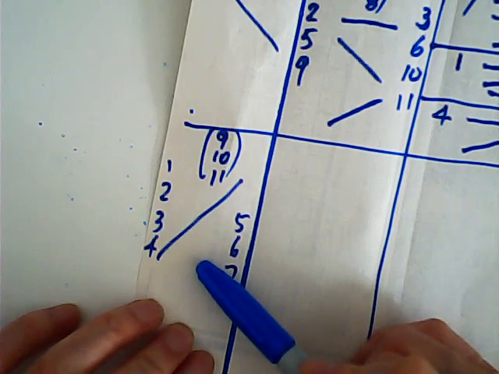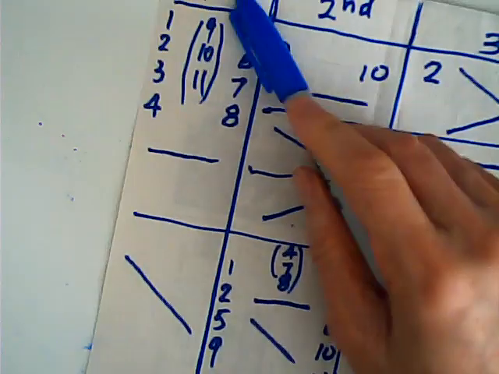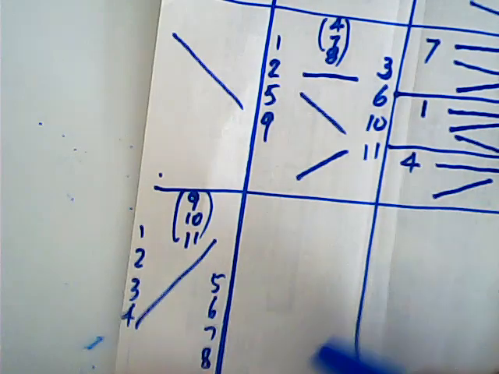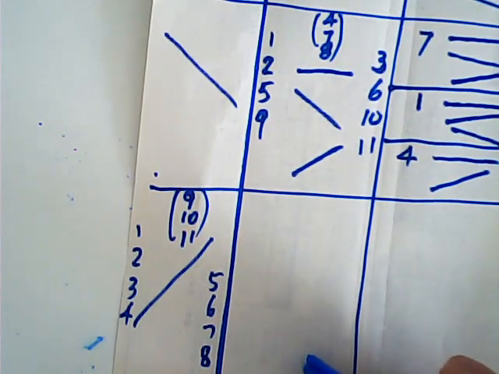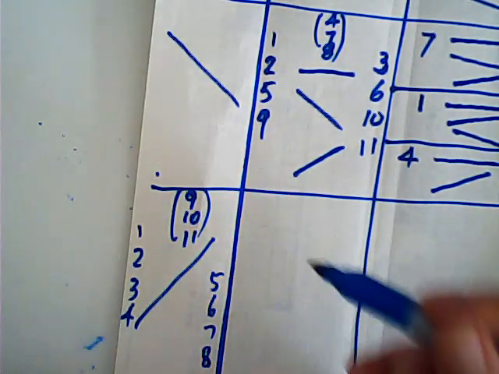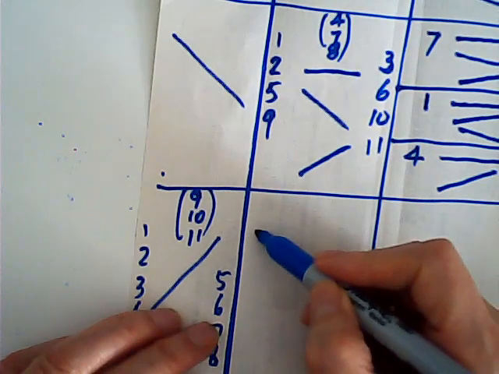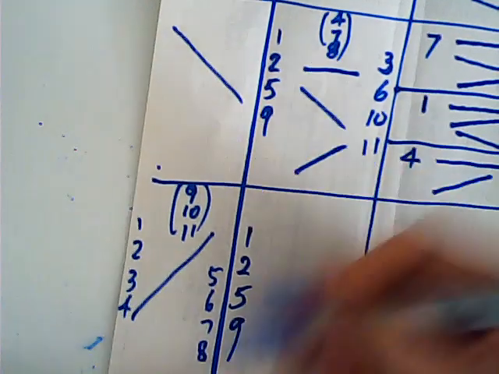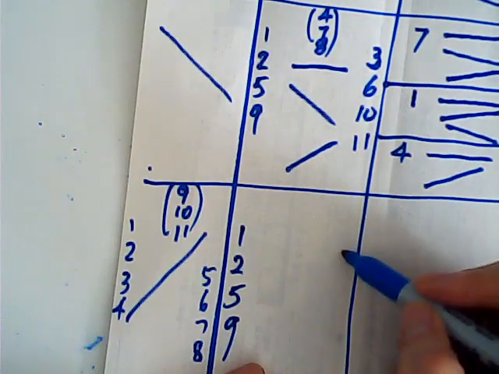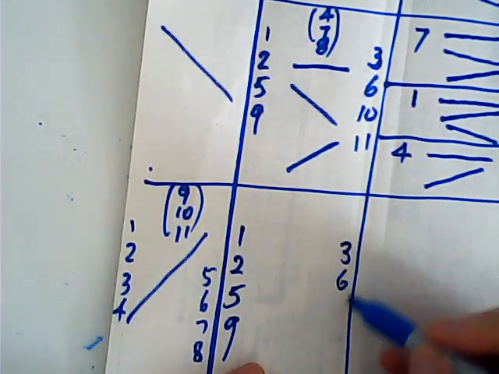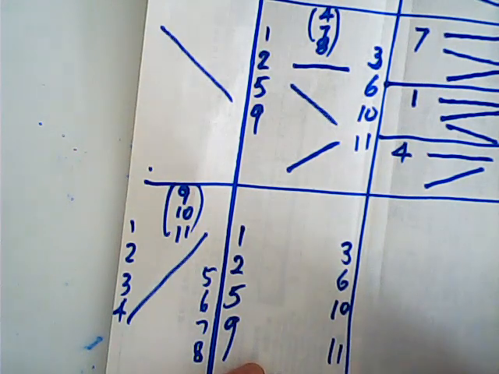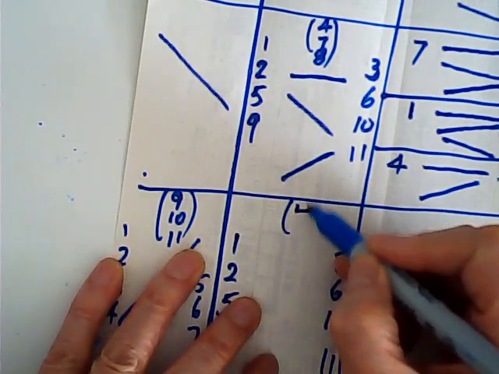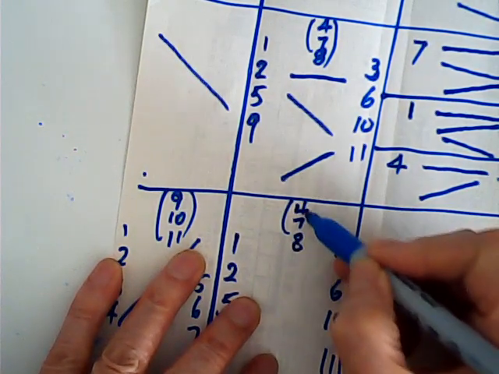If the balance shows this in the first attempt, then what do we do? Well, I'm using the same thing as 1, 2, 5, 9, because this is actually similar. 3, 6, 10, and 11, and 4, 7, 8 aside.